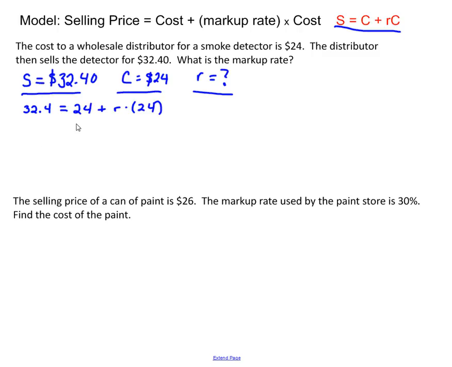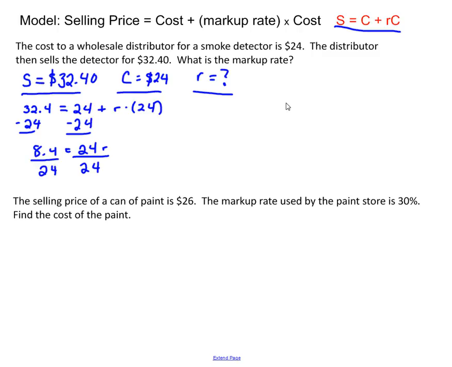Well, this is an equation that we can solve for R by following the algebraic steps for solving equations, which is we're going to subtract the constant term from both sides. In this case, that's going to give us 8.4 is equal to 24 times R, instead of R times 24, same thing. So we'll divide both sides by 24 in order to isolate R.